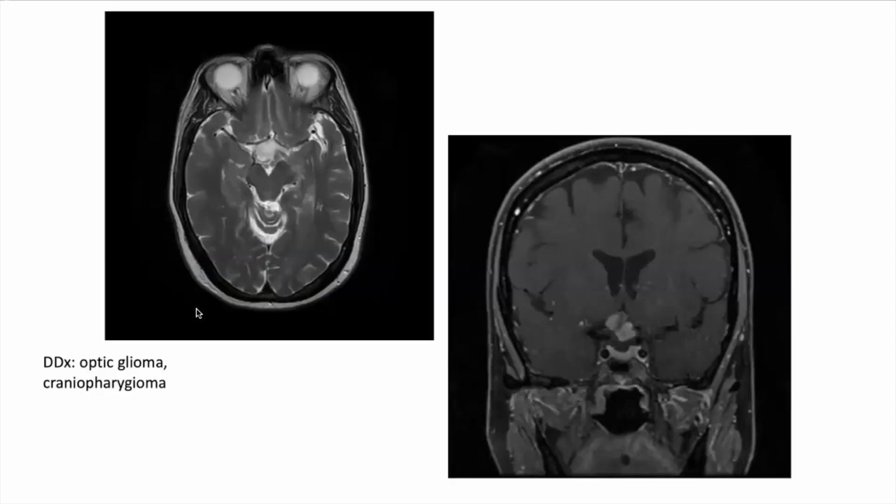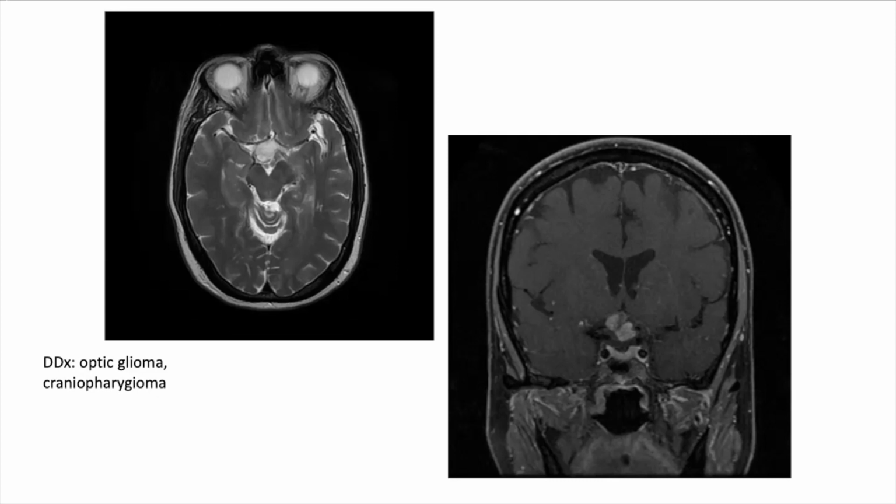This mass lies behind the carotid artery and in front of the mammillary bodies. And here on the post-contrast image, again, normal pituitary gland, and here is the suprasellar mass. So the things we'll consider will be an optic glioma and a craniopharyngioma in this patient.